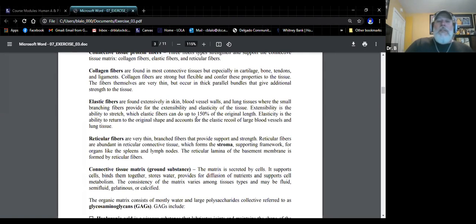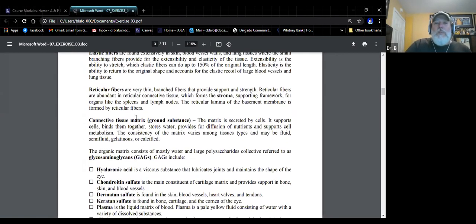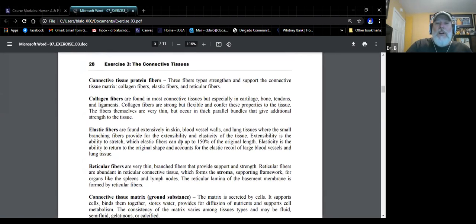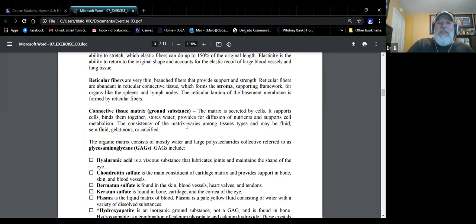Now, the ground substance, which is going to be found around the arrangement of these fibers, is going to help provide the makeup for that connective tissue and give that connective tissue essentially its physical properties and its physical characteristics. If the ground substance is liquid, then obviously we're going to have a liquid connective tissue like we have with blood.